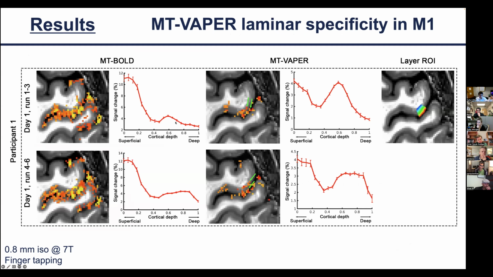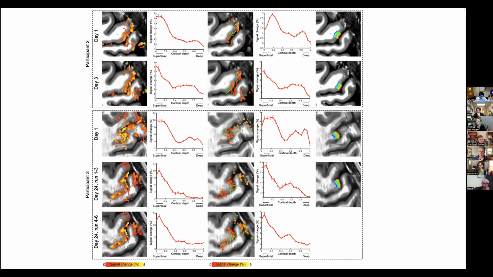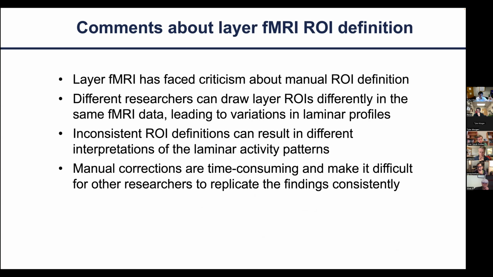In BOLD, you can also see a little bit of a second bump, but I would say the superficial one is much stronger. So this double peak feature is much clearer in the VAPER image compared to BOLD. We tested these results across different subjects, and they are very consistent, and across different measurements in each subject, they are also consistent.